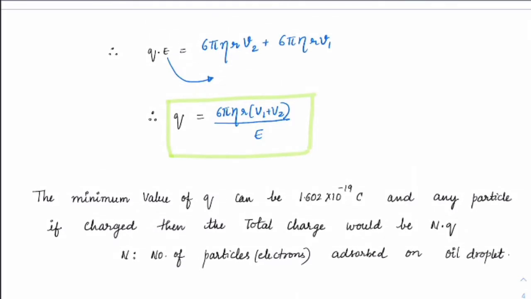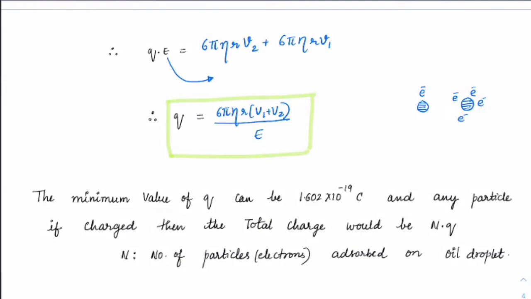Now this Q can get different values, right? Why can it get different values? Suppose this is an oil droplet: if there is only one electron, it will get one particular value. Suppose there are 4 electrons adsorbed on the surface, then this Q will be a different value.